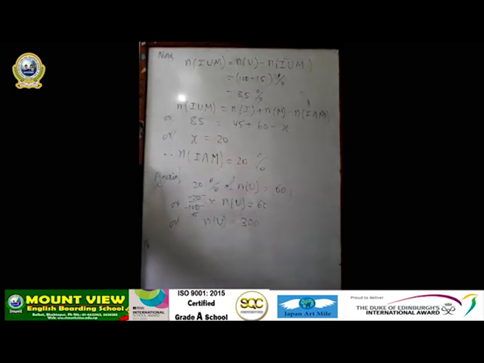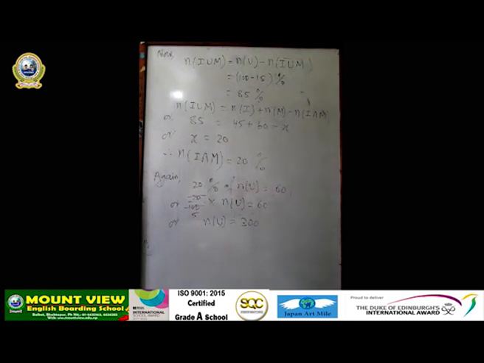So our first part is to represent the above information in a Venn diagram. I think you are clear on this Venn diagram. If anyone has confusion, you can raise your hand and ask. One by one, does anyone have a doubt? No. Okay. Then let us move.